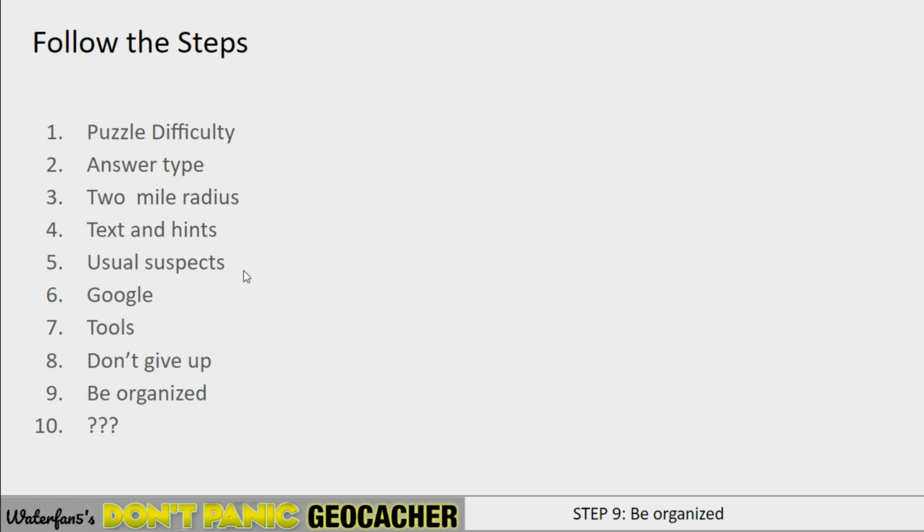We looked at the usual suspects like Braille, Morse code, things like that. We talked about how Google can help us solve puzzles by looking at map locations and searching for things. We looked at tools that can help us, and we talked about how we shouldn't give up, especially with more difficult ones. So this one is Be Organized. There's one more, a little bit of a mystery for now, that will of course be revealed in the next video. But as I mentioned, this is just a summary of how they all work together.